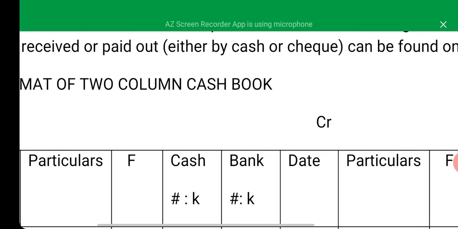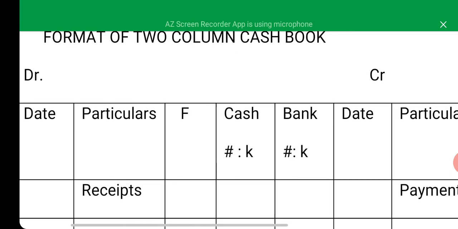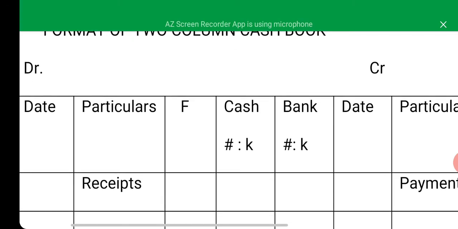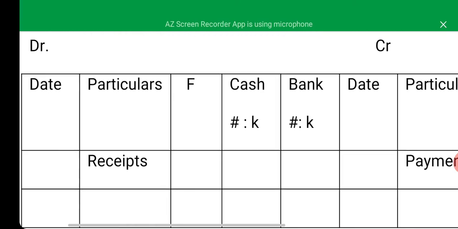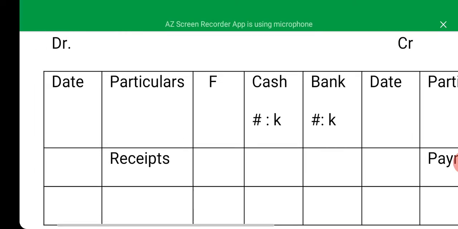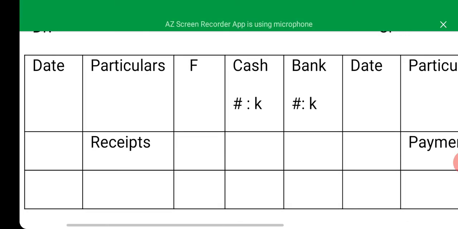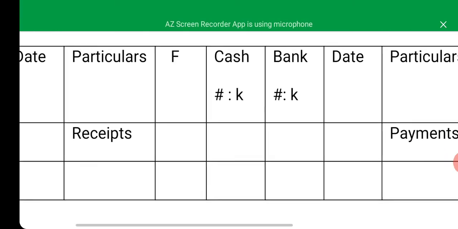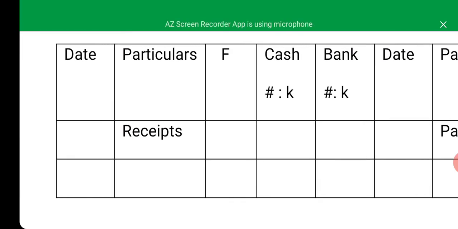So let's look at the format of the two-column cash book. Like I said earlier, it has two sides, debit and credit, like the single column. The only additional column compared to the single column is the bank column, on both the debit and credit sides.